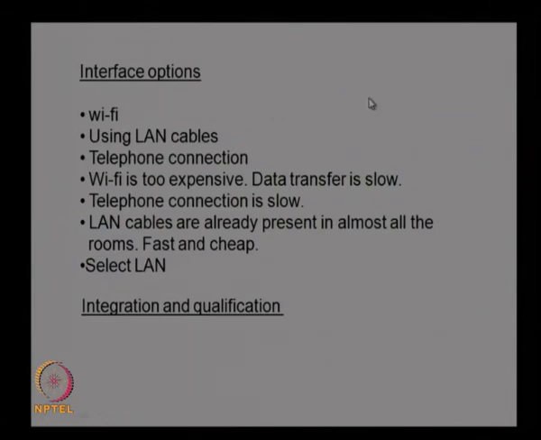Once we have identified all these interfaces and components, then we go for selecting the components and then integrating them, and then as per the standards set for the qualification and inspection, we will complete the system design process. So, that is how the particular system design process goes from initial concept to the final system integration and testing, qualification as well as acceptance.